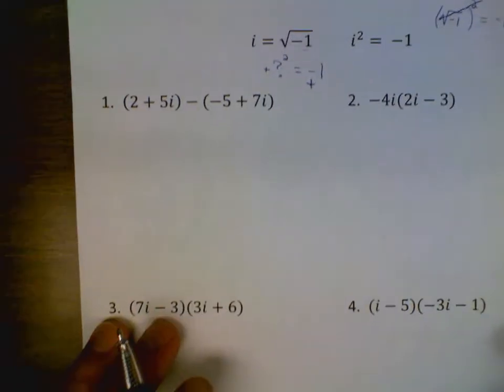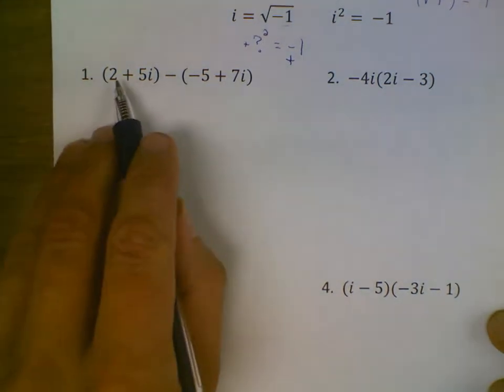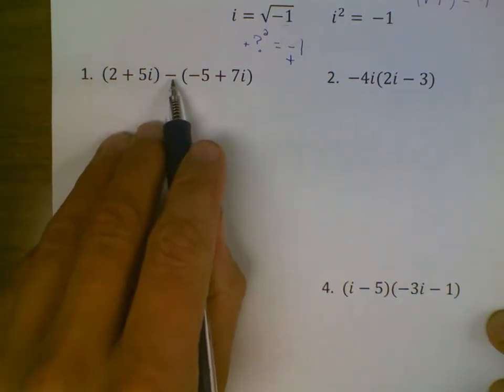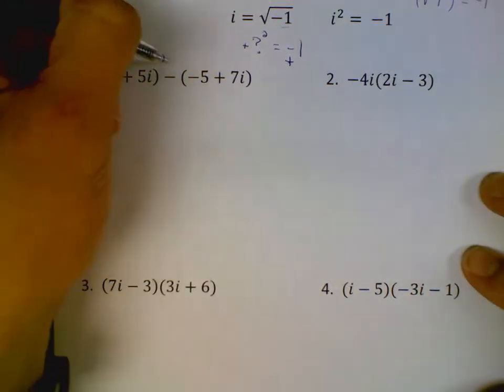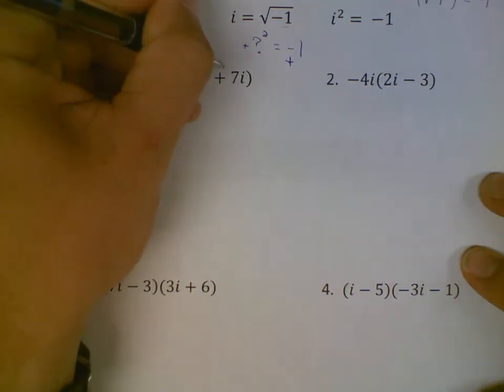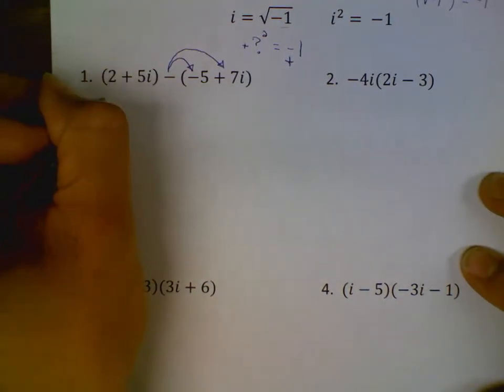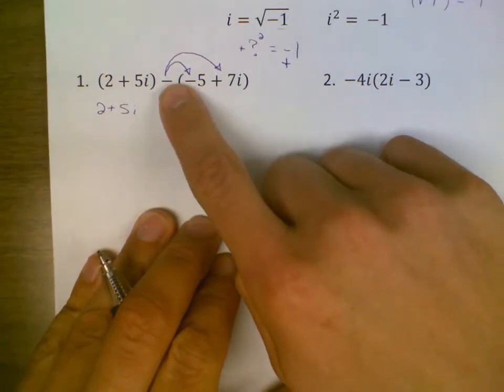When we look at these examples, it's a lot like combining like terms. So I have 2 plus 5i minus (-5 plus 7i). What I'm going to do is distribute this negative into the second parentheses. The first parentheses is just 2 plus 5i. But if I distribute the negative, it just switches the signs.